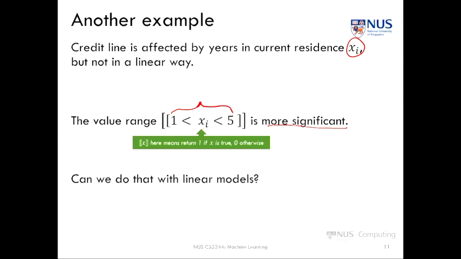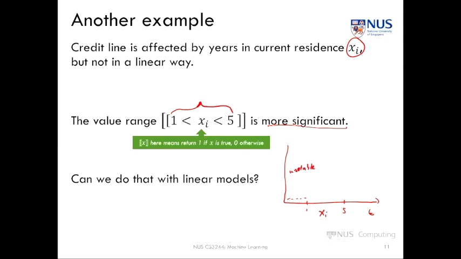We can see this by thinking of this on a graph. Okay, so if we have some time t, which takes the values of xi, we can say that the time of residence being less than 1 year is generally regarded as unstable, right?